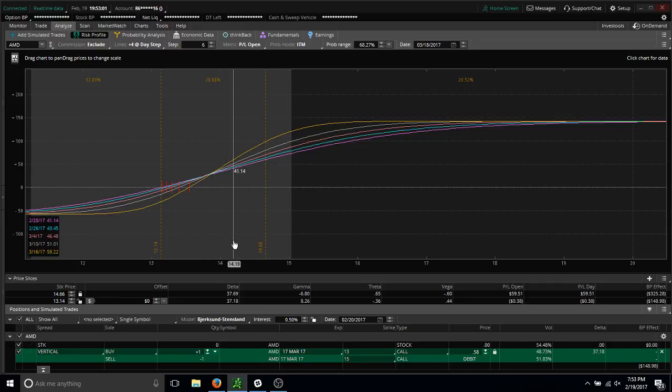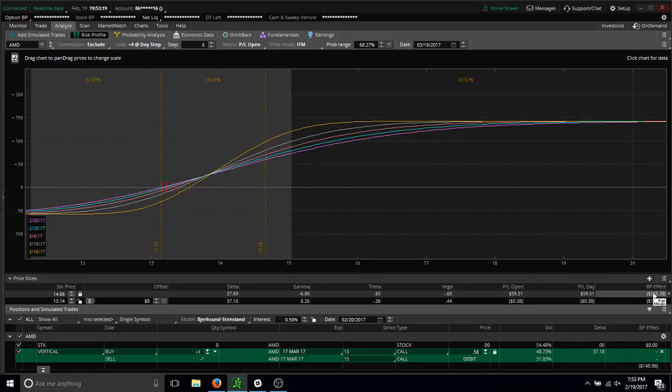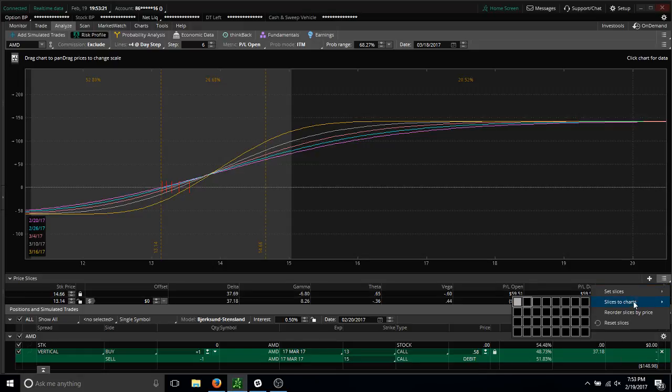So this is how I plan to use this going forward. This next week is using this 4-day step P&L and I guess this setup right here minus this expected move.